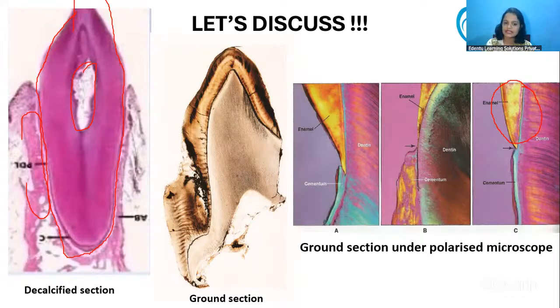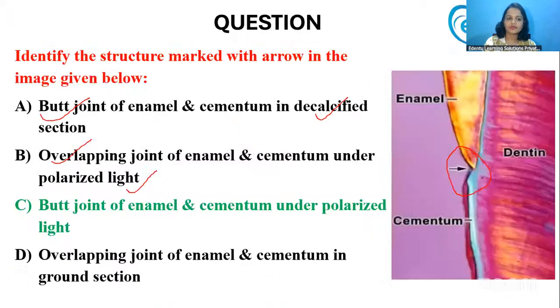So this is nothing but the ground section of the teeth under the polarized microscope. It is not a decalcified section. So out of the options given, it is the butt joint or the sharp junction of the enamel and cementum under polarized light.